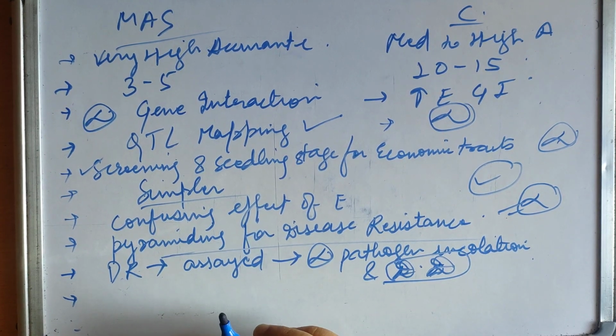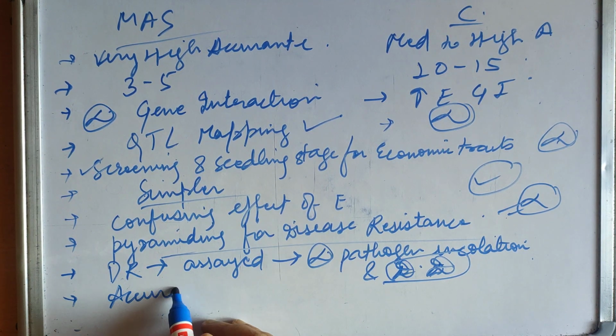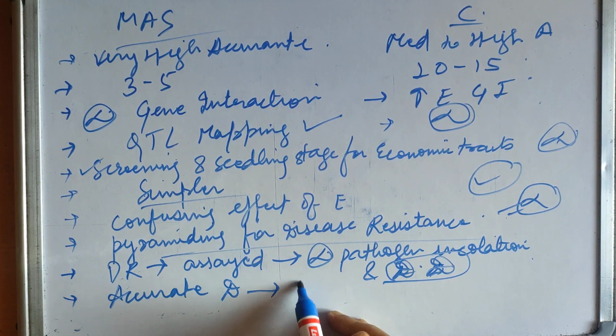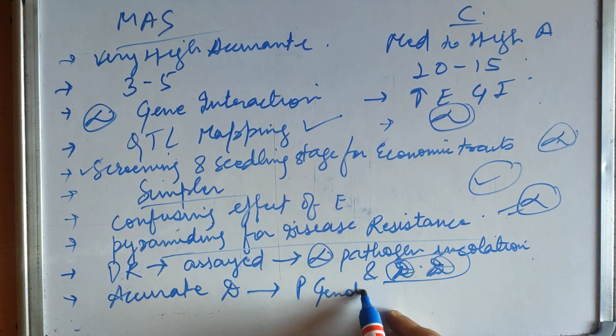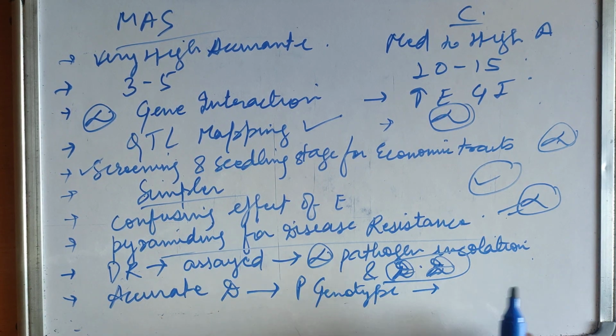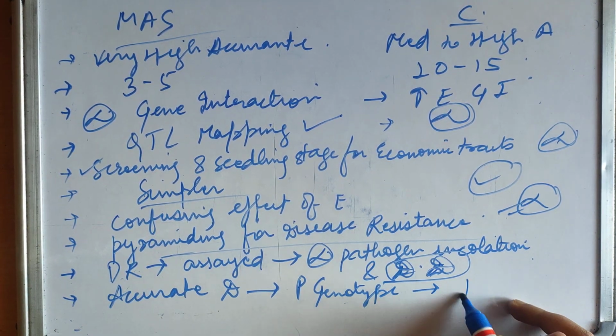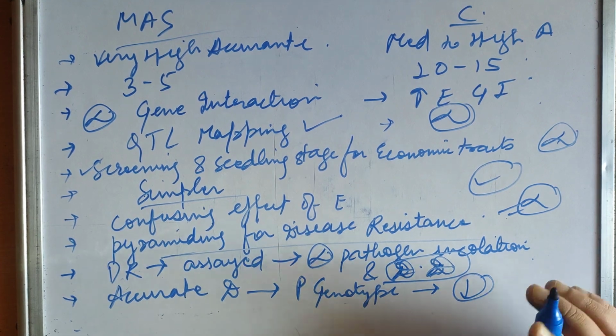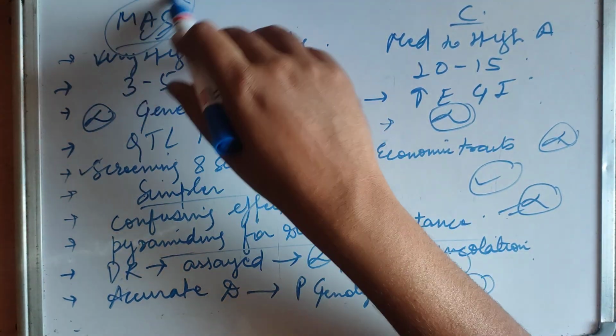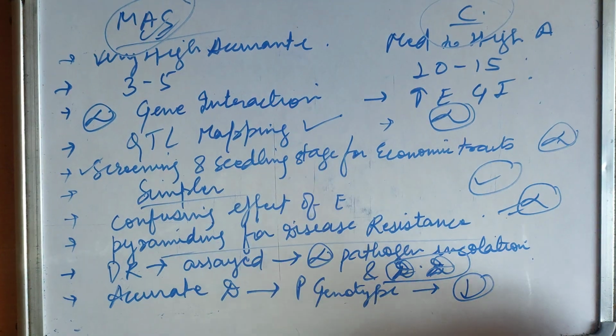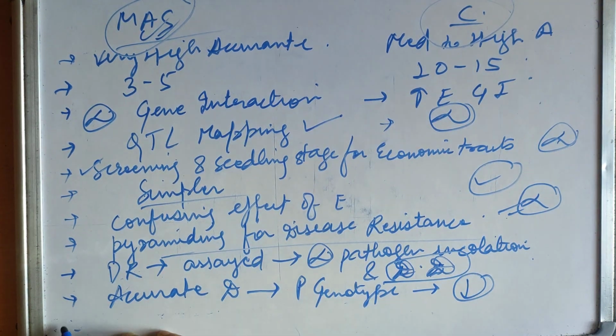They also allow accurate determination of plant genotype. So it reduces the population size. In a smaller plant population we can do marker assisted selection, but for conventional selection we need a higher number of plants.